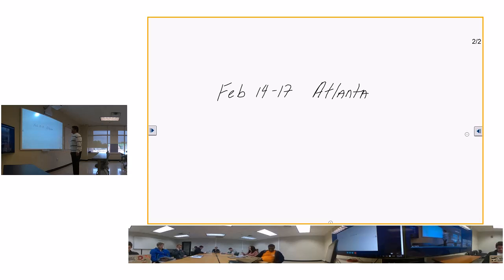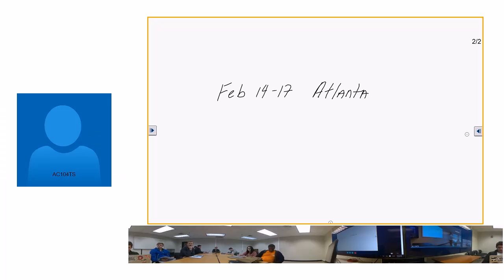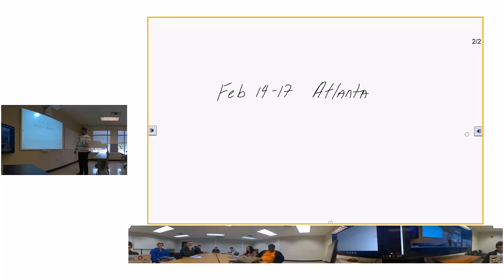Wednesday. Okay, I think it's the 14th to the 17th. I'll be in Atlanta. So I don't think we will meet. What day is that? Thursday the 15th. Okay, I'm going to verify that, but I'll send an email out.